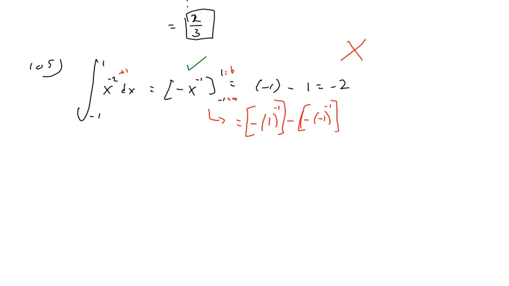We're subtracting, right, f of b minus f of a. You see this minus sign here. This minus sign is this minus sign here. It comes into the equation. The negative 1 is the negative 1 from the a to the power of negative 1. Let's see. 1 to any power is 1, so this is negative 1.